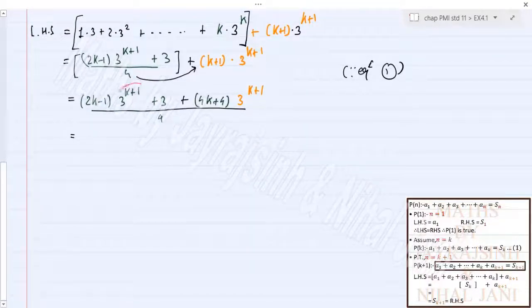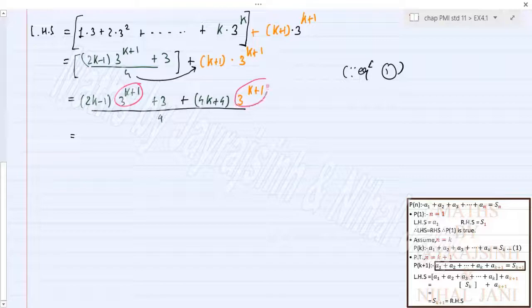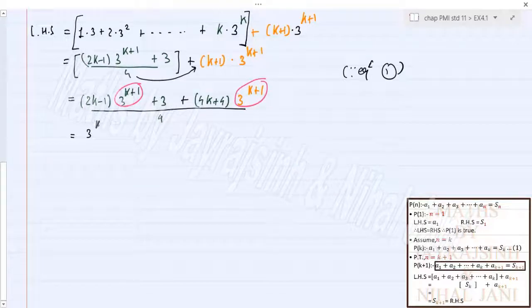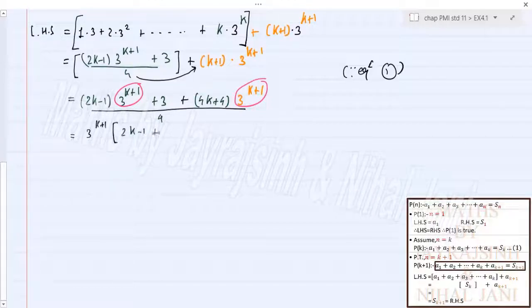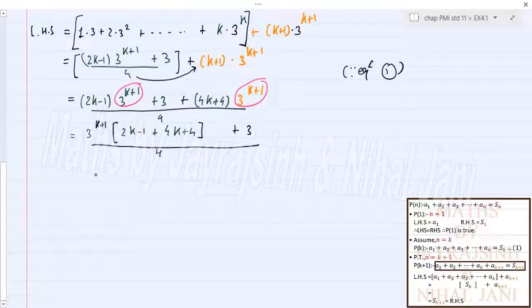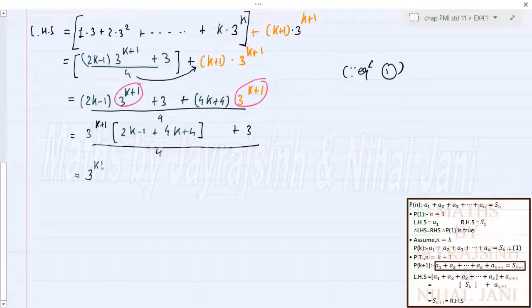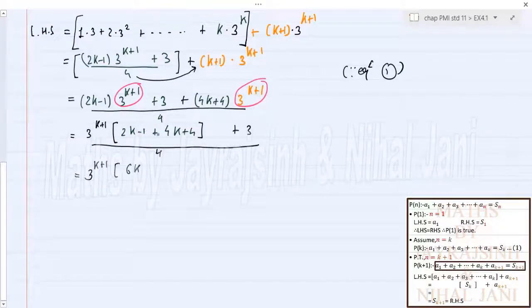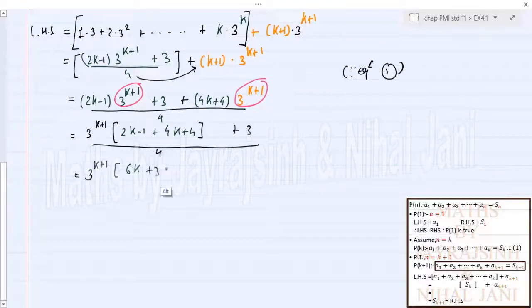Now we can take 3 raised to k plus 1 common from these two terms. So we'll get 3 raised to k plus 1, and the remaining terms are 2k minus 1 plus 4k plus 4. This plus 3 will be as it is, divided by 4. In further simplification, 2k plus 4k will be 6k, and minus 1 plus 4 will be plus 3.